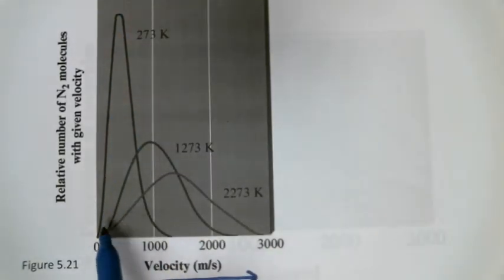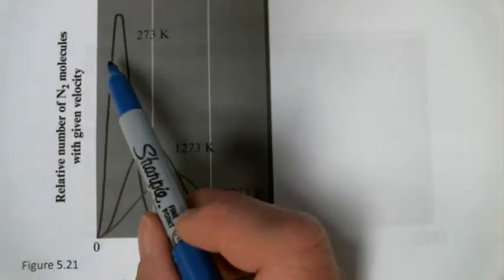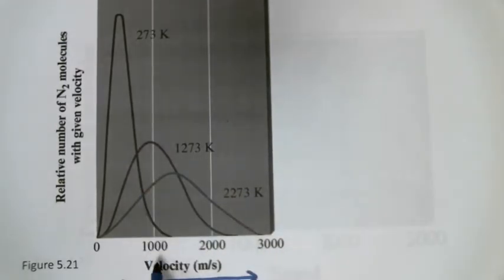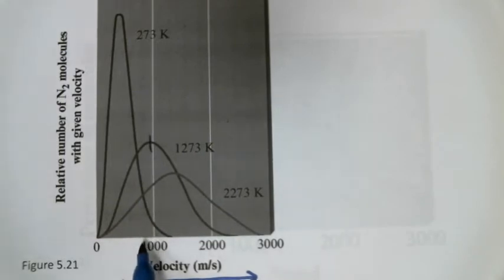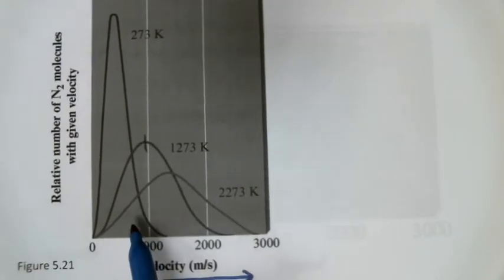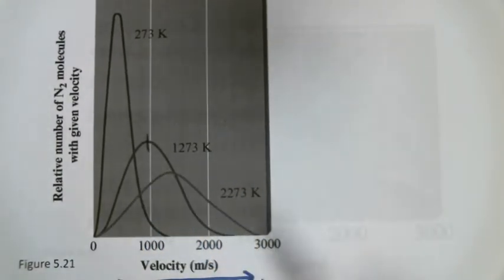Some are moving a lot faster than some of the other ones, right? And as the temperature goes up, the average velocity goes up. So look at 1,000 degrees more, 1273. The average velocity is quite a bit higher. And the distribution kind of broadens out. There's still some that are moving pretty slow, right? And then some that are moving a lot faster. And go up another 1,000 degrees, and it broadens out even more.